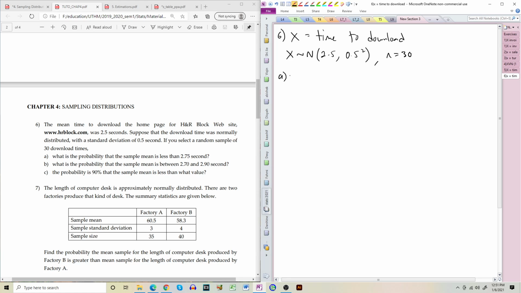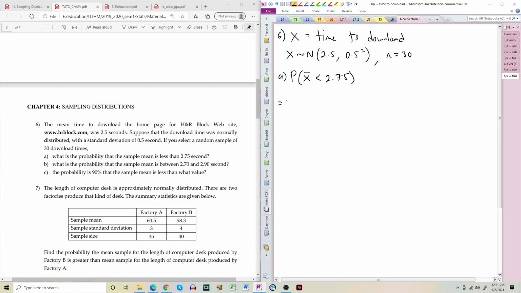What is the probability that sample mean is less than 2.75? Sample mean is less than 2.75.